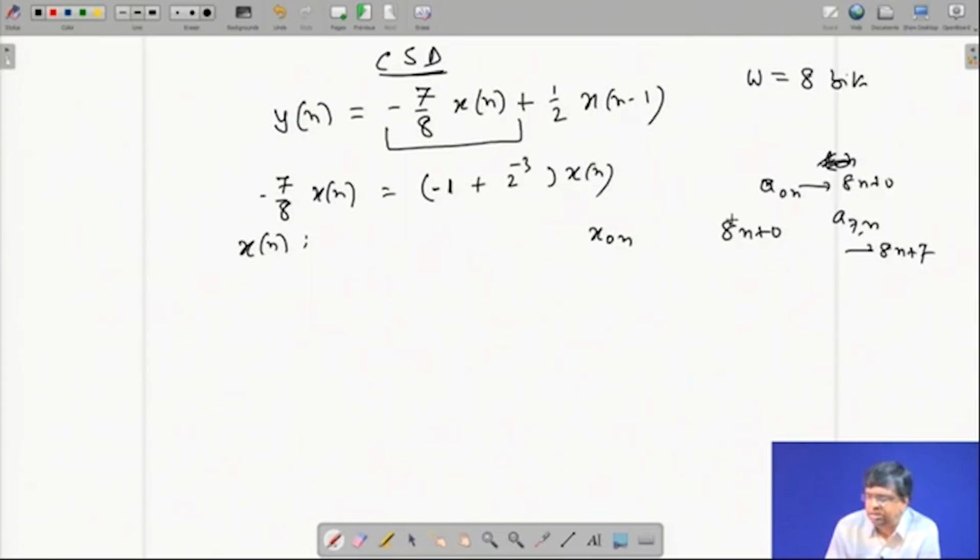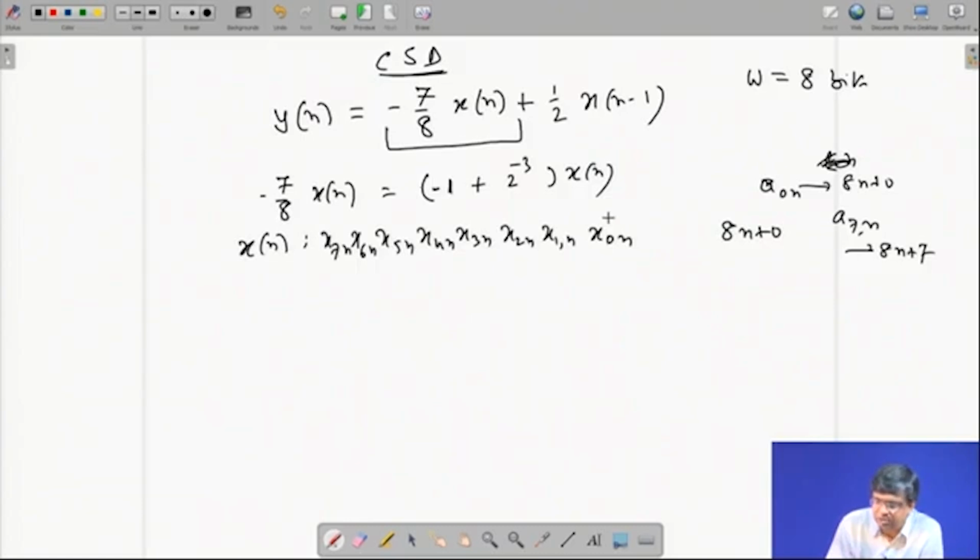All the bits of the nth word are now bit-serialized, and the cycles are 8n plus 0, 8n plus 1, up to 8n plus 7. In 8n plus 0, A0n goes in. At 8n plus 1, A1n goes in, and so on and so forth. Okay. So this is x0n, then the next bit is x1n, then x2n, x3n, x4n, x5n, x6n, x7n.